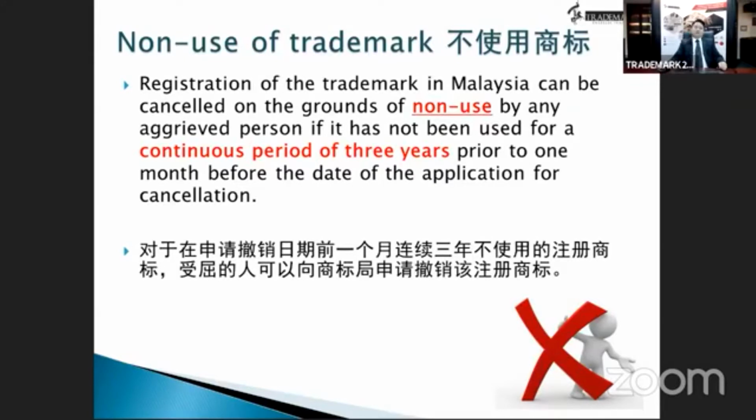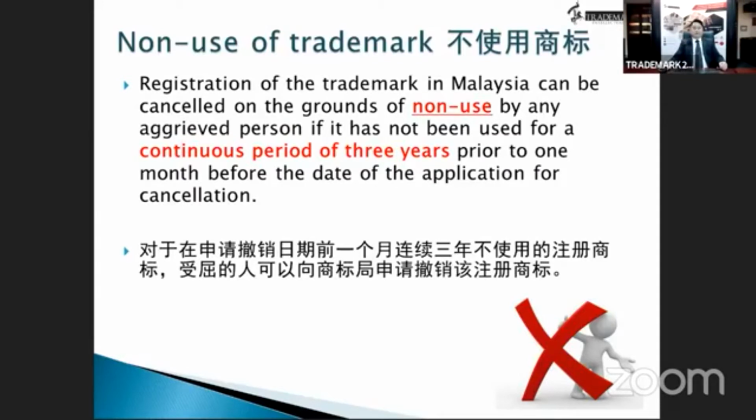By doing so, you have to go the court way. You have to file the cancellation action through the High Court of Malaysia or any high court in Malaysia. You need to show proof, the plaintiff must show proof that the defendant did not use the trademark for consecutive 3 years after they obtained registration, okay?